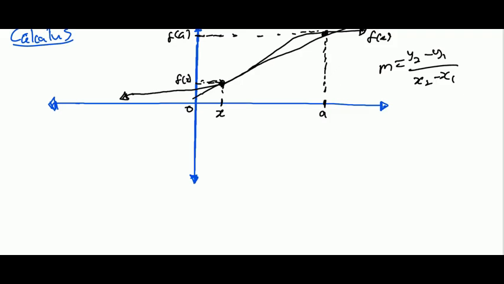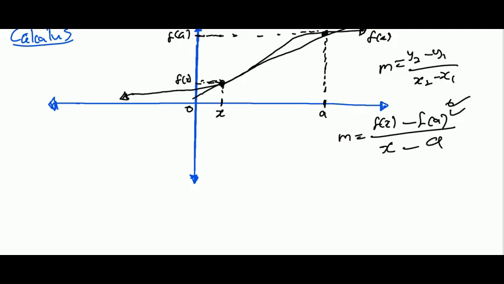When they say calculate the gradient of this straight line, you are going to say y2 minus y1. Let's say our y2 is f of x. You are going to say m is equal to f of x minus f of a, which is y2 minus y1. Then our x2 is this one, minus our x1, which is a. So this will be your formula for your gradient of this straight line.